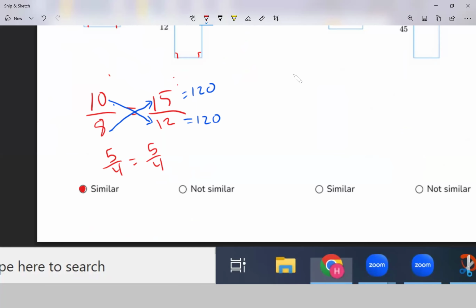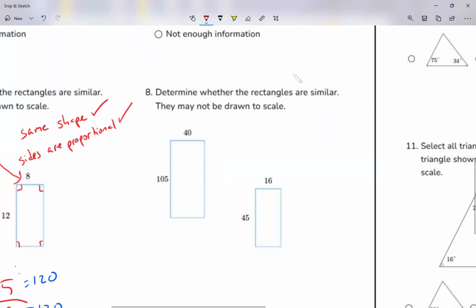Okay, let's look at question number 8. Determine whether the rectangles are similar. Rectangles again, so all the angles are 90 degrees and all the angles are equal. That means they have the same shape. Check. Now, are the sides proportional? That's the other criteria.